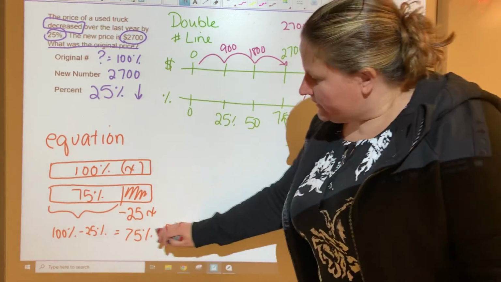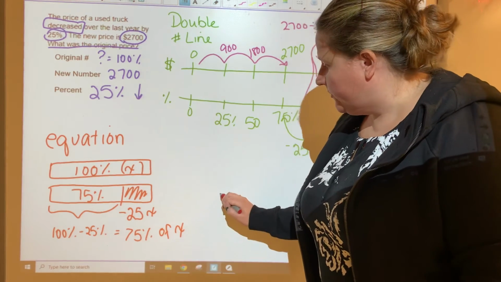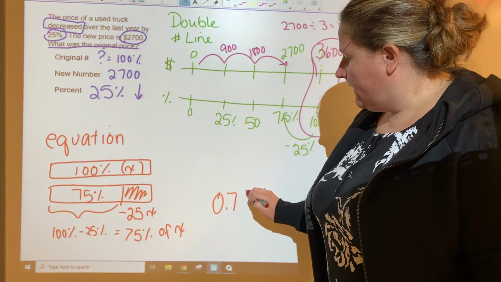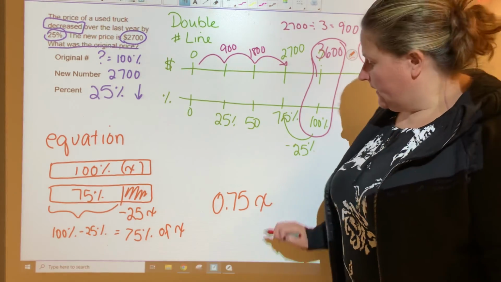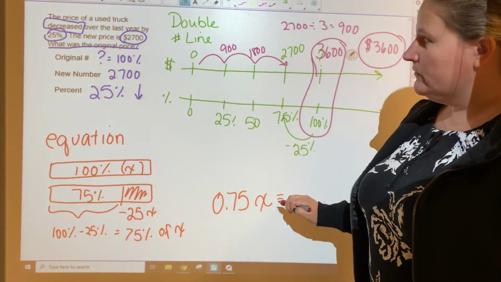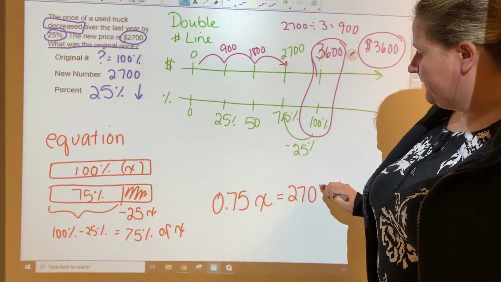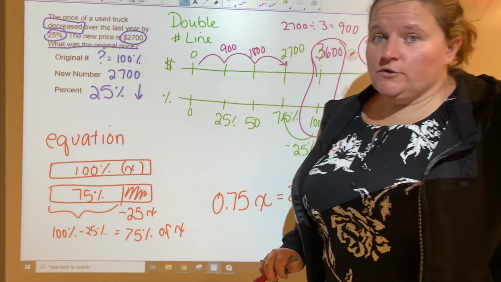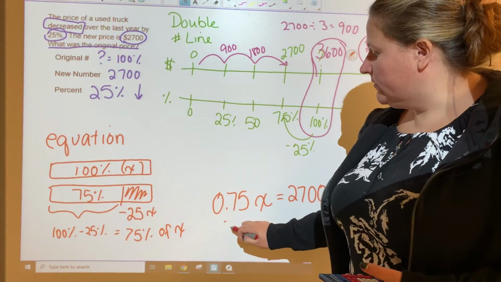I'm going to write this as an expression using a decimal. So I'm going to go up here. 0.75 times my x is going to be equal to my new number. Well, I know my new number, it's 2,700. Now, if I were to undo this, now remember, this means multiply. To undo multiply, I divide.